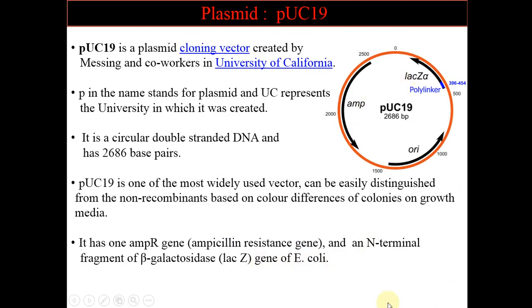The LacZ alpha gene encodes the N-terminal fragment of beta galactosidase. Okay, beta galactosidase, if you remember the lac operon. The lac operon encodes beta galactosidase for utilization of lactose sugar in absence of glucose.